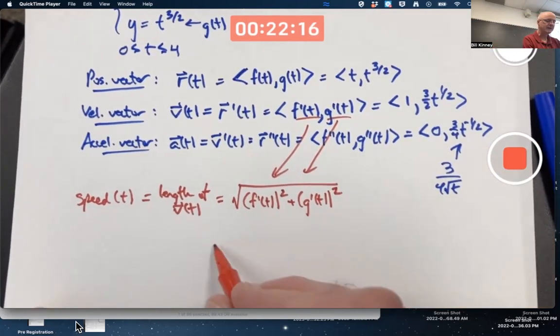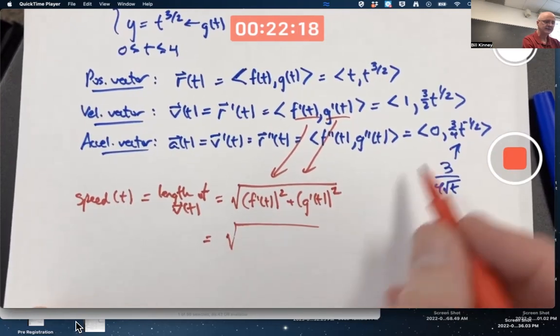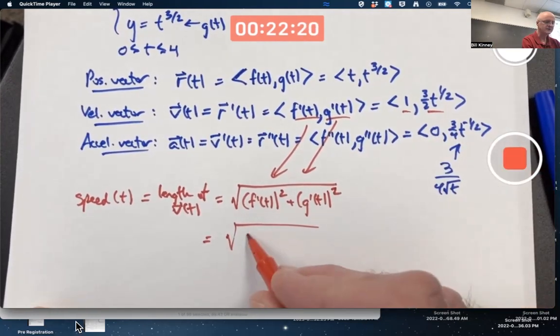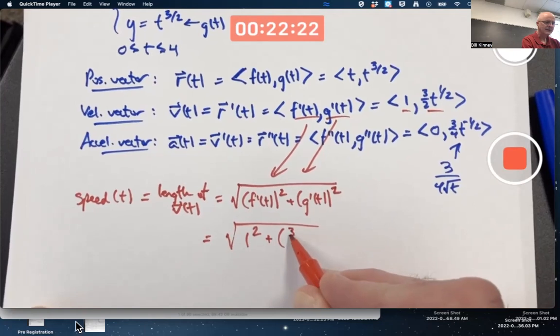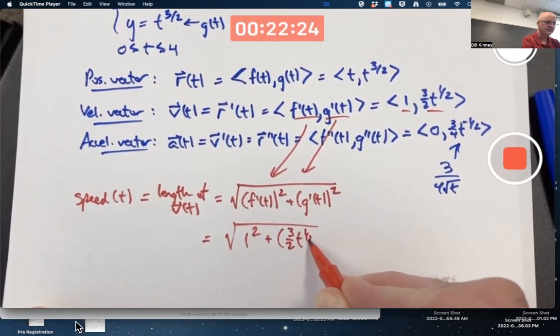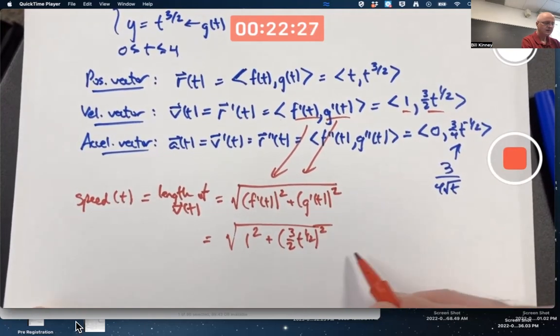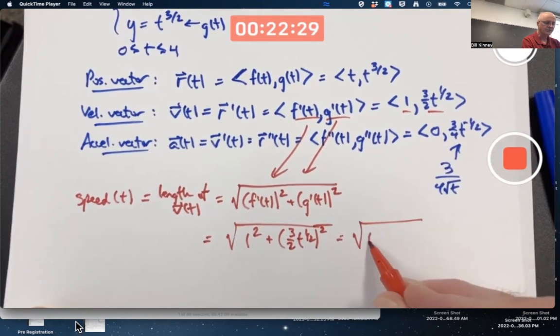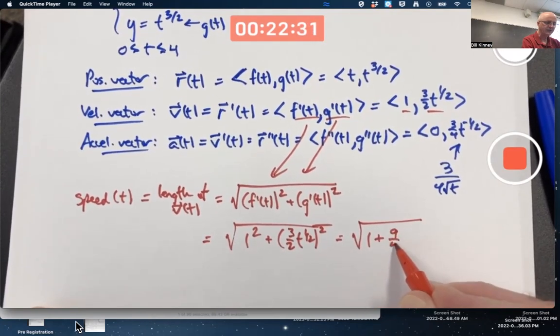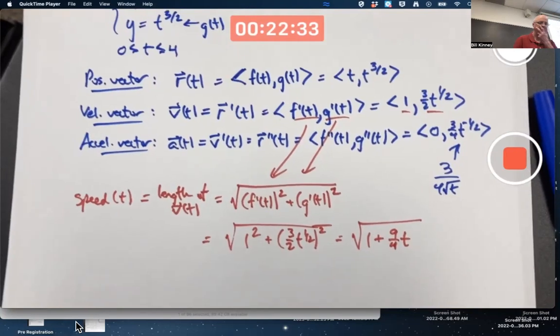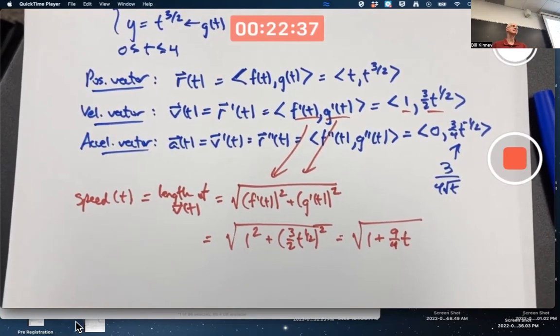For this example, that becomes the square root of, look at these expressions, 1 squared plus 3/2 t to the 1/2 squared, which is the square root of 1 plus 9/4 t. That's a function that represents the speed of the bug at any moment in time.